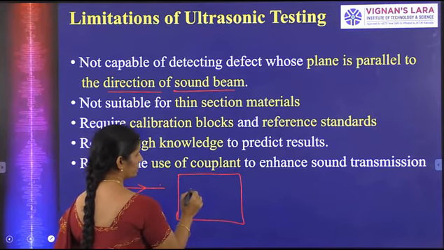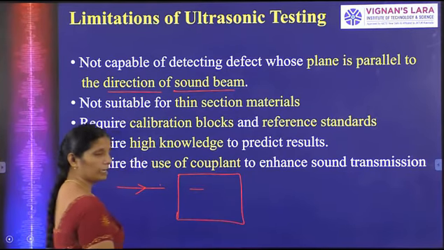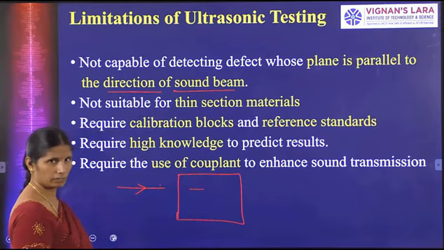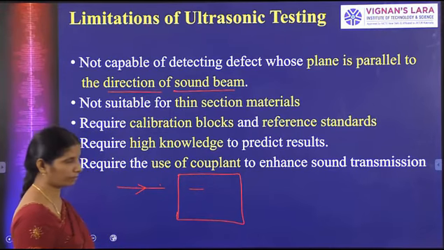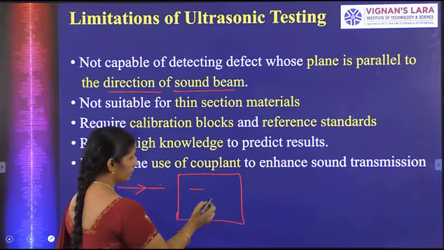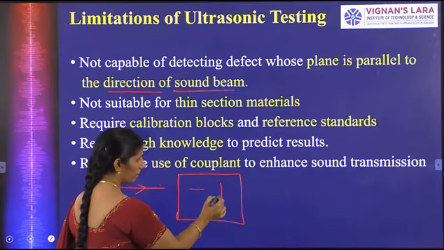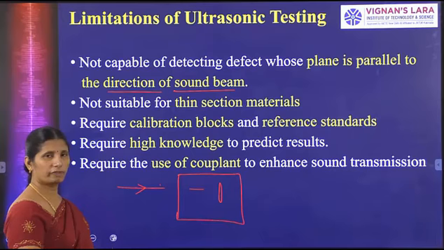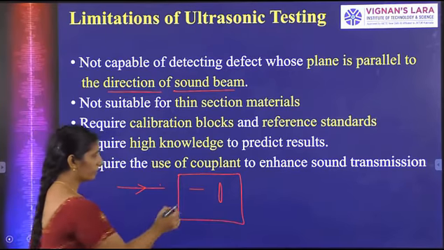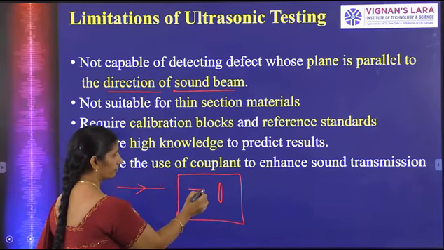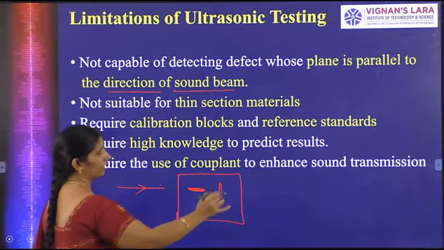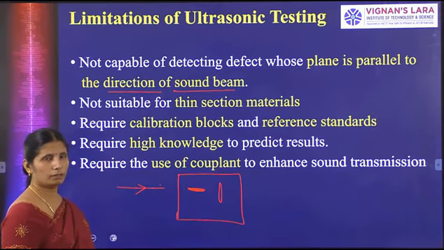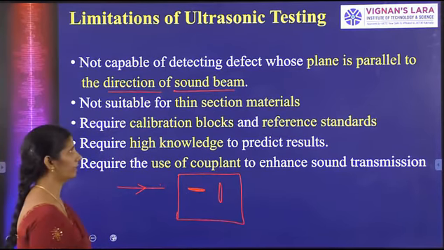If the defect is parallel to the direction of the sound beam, it will not be detected. A defect is detected only when it is perpendicular to the direction of the sound beam. If the defect is parallel to the direction of the sound beam, those defects cannot be detected.